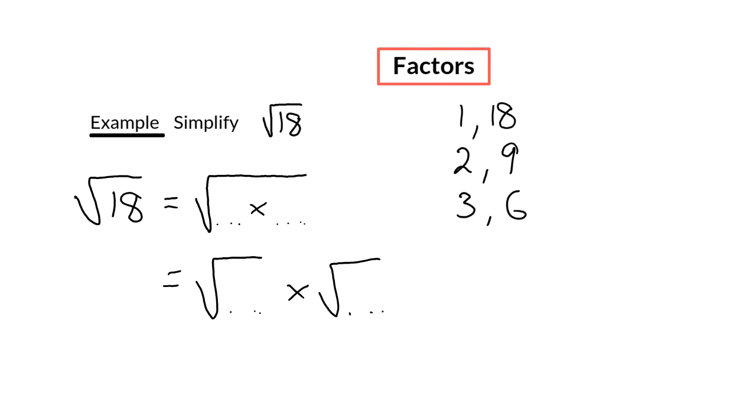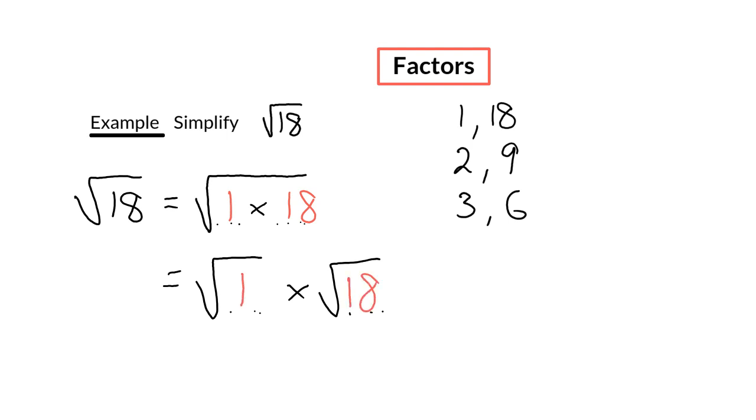So if we have the root of 18 and want to check the sets of factors, we'll start with 1 and 18 and see if that helps us. That would mean we would split up into root 1 and root 18.